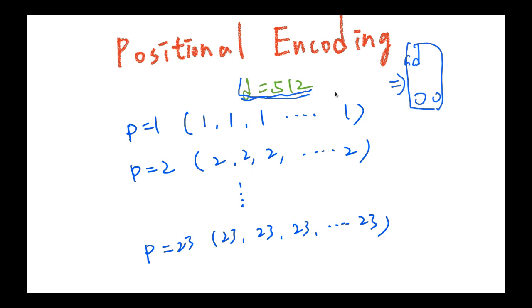The very straightforward way is to hard code it. Let's say in position 1, every dimension value is 1, so all 512 of them are 1. Then in position 2, every element in the vector is 2. And so on, up to position i, where every element in your vector is i.